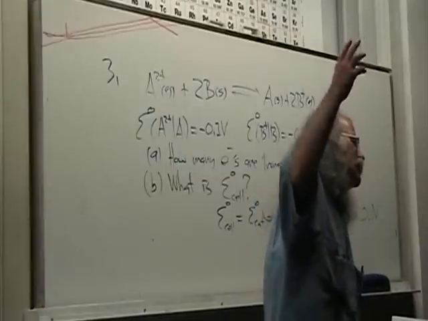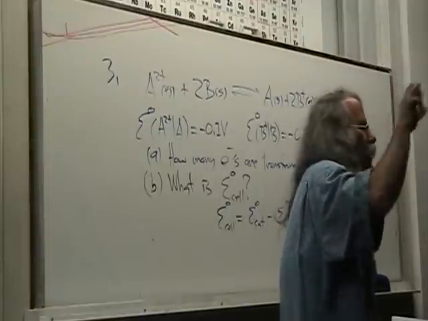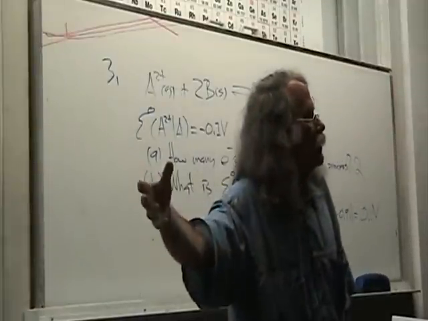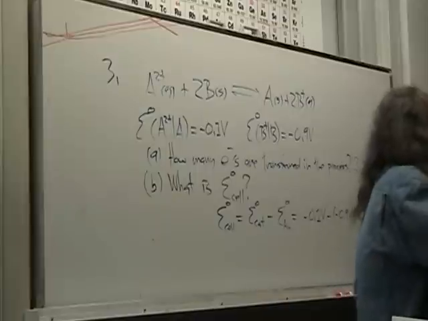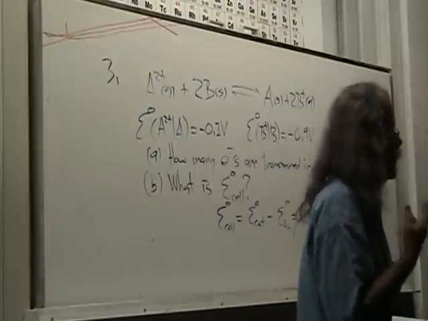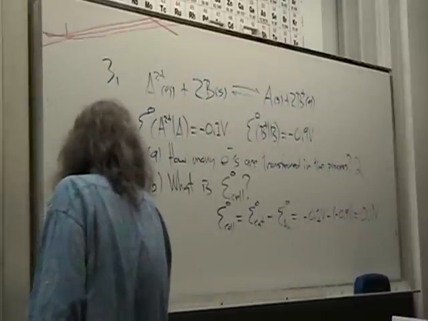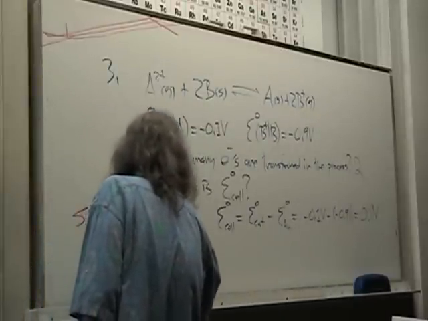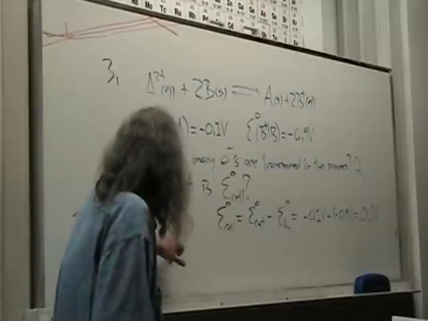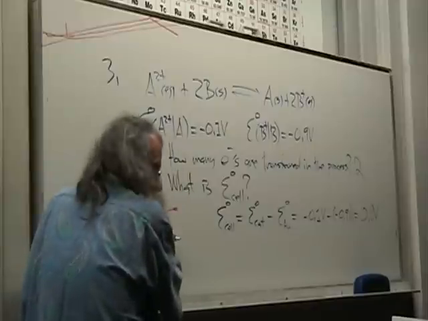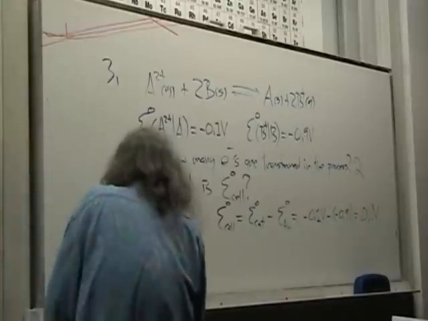So the higher the reduction potential, because of the negative sign in that conversion, the more negative delta G is. Delta G naught equals minus NF E naught. The more positive E naught is, the more negative delta G naught is. Does that make sense?